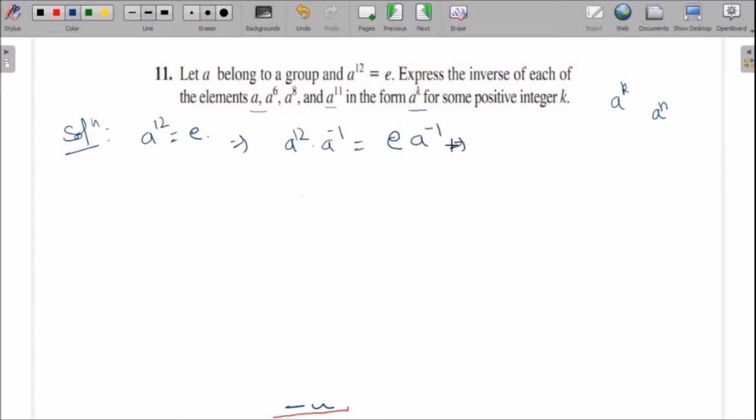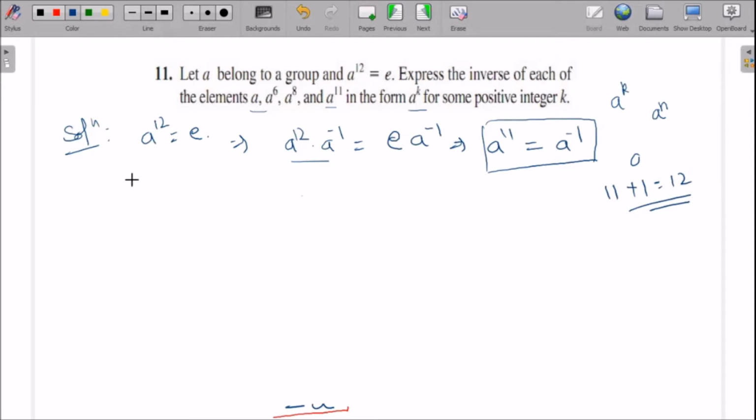The left-hand side becomes a to the power 11 and the right-hand side becomes a to the power negative 1. So the inverse of a is a to the power 11. Interesting that the sum of these two, if we add 1 plus 1 and leave the negative sign, becomes 12.